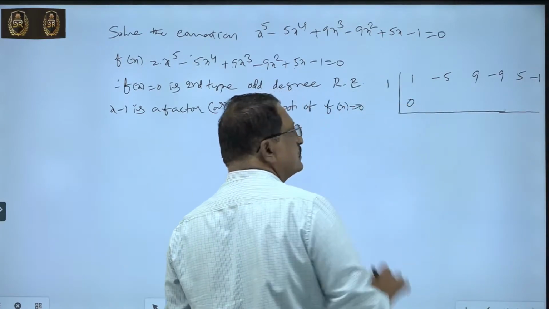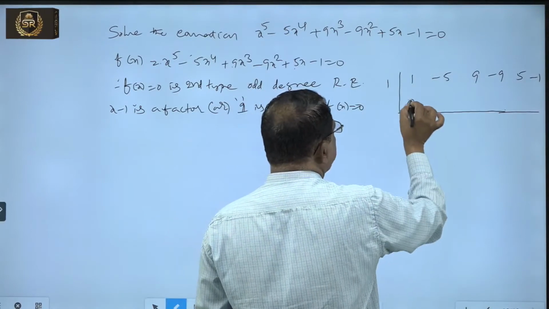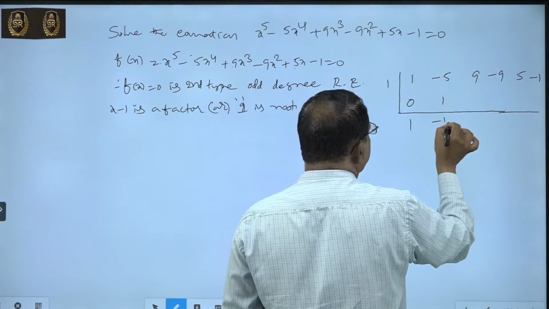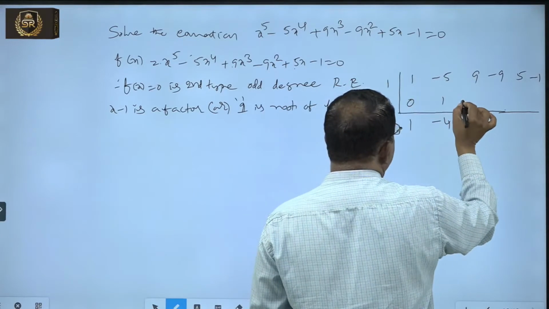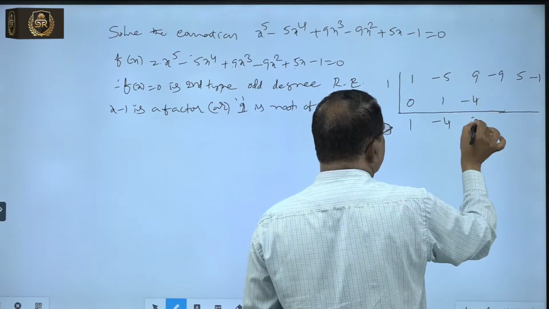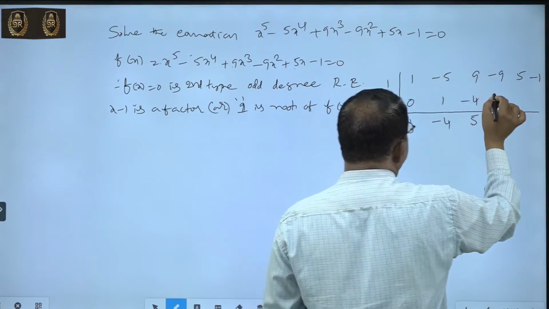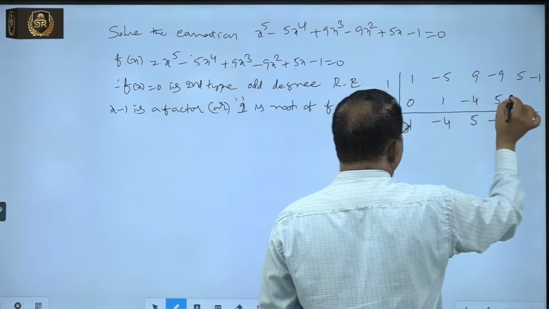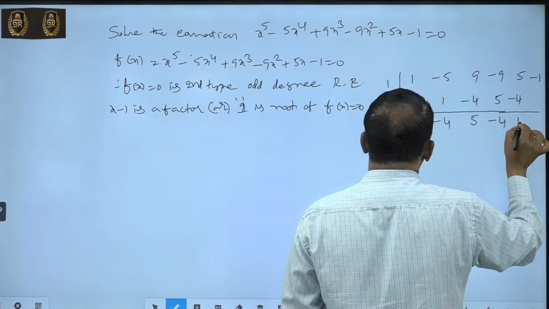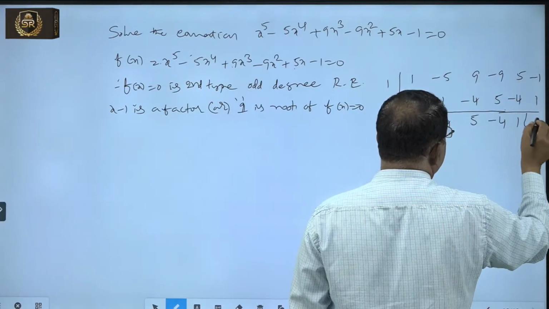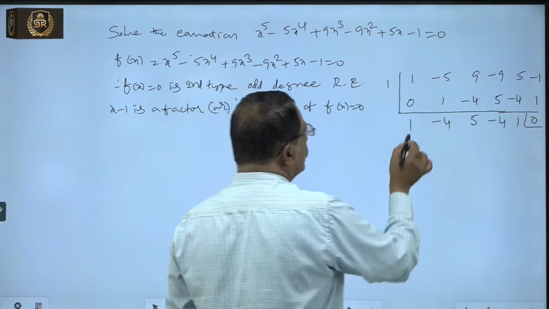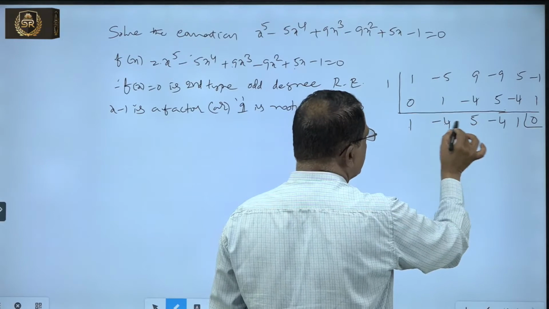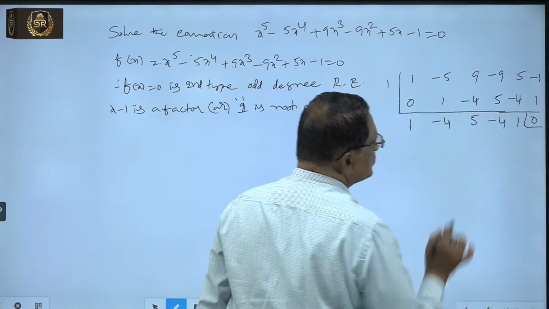First, always put 0 in the first position: 1, then 1 into 1 is 1, minus 4 into 1 is minus 4, 9 minus 4 is 5, 5 into 1 is 5, minus 4 into 1 is minus 4, 1, 1 into 1 is 1, and the remainder is 0. Now the coefficients are x to the power 4, minus 4x cube, plus 5x square, minus 4x, plus 1.